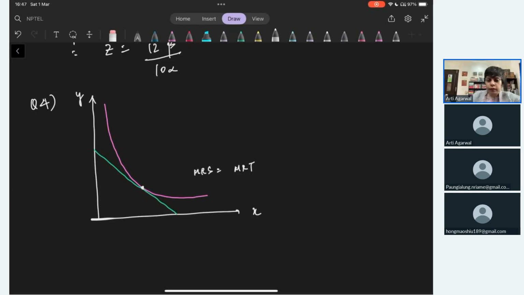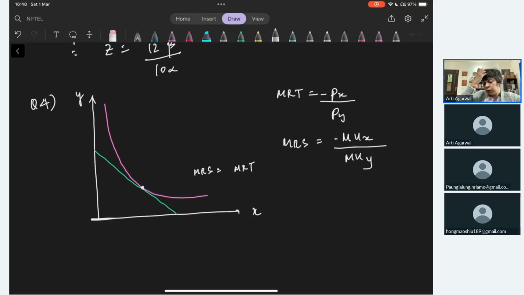MRT is constant, as you can see, Px by Py. You can put a minus here. And MRS is equal to marginal utility with respect to X versus marginal utility with respect to Y.